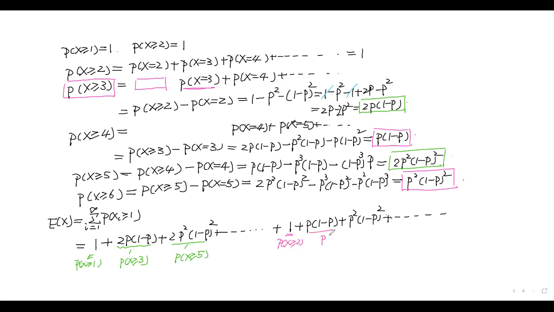This is x greater than or equal to what? 4. This is x greater than or equal to what? 6, right? So as you can see, I can separate them into two parts here.